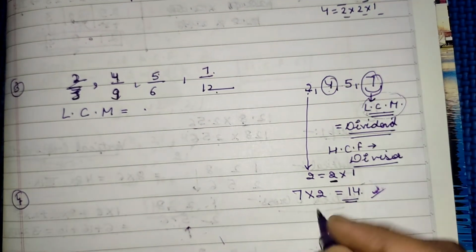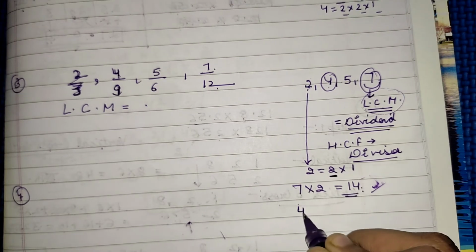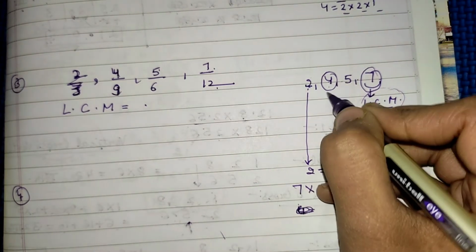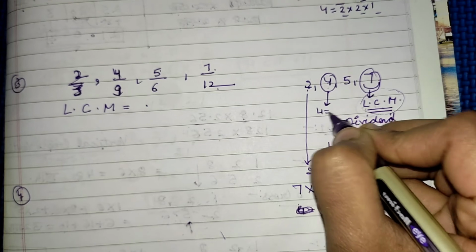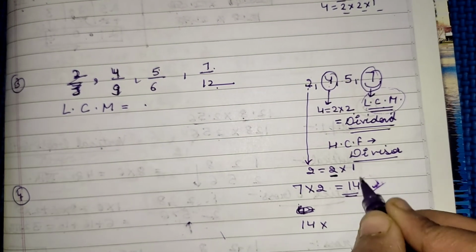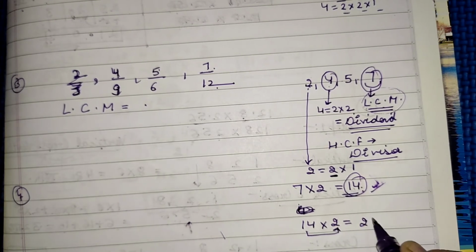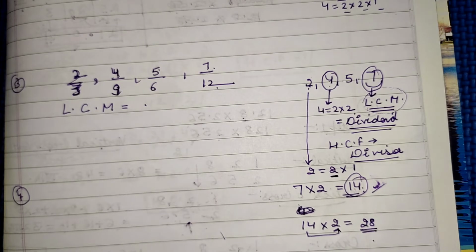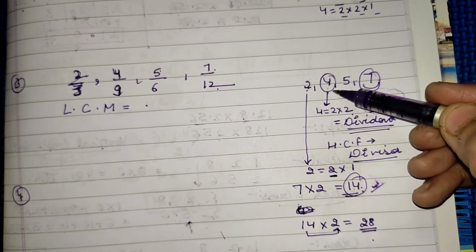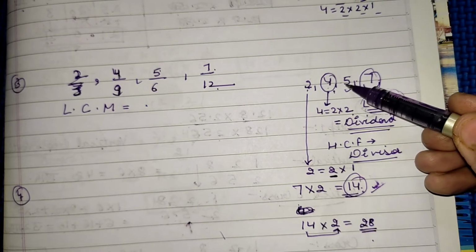Next, moving to the number 4. Is 14 divisible by 4? No. So again I will write down factors of 4, which will be 2 into 2, and multiply my assumed LCM with each factor. So 14 into 2 gives me 28, and 28 is divisible by 4. Now check with 5. Is 28 divisible by 5?